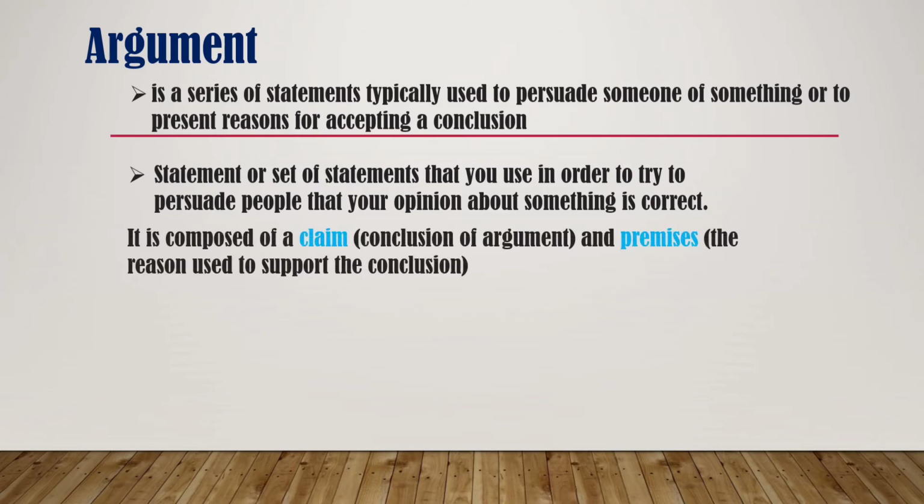It is composed of a claim, or what we call the conclusion of the argument, and premises, the reasons used to support the conclusion. Again, it is composed of a claim and premises.